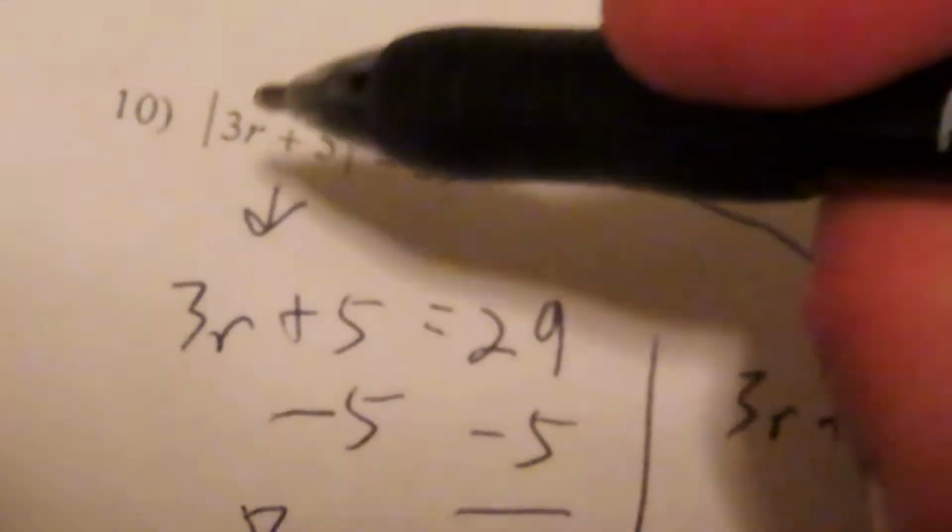So then we get r is equal to 24 divided by 3, which is 8. And then plug it back in. 8 times 3 is 24, 24 plus 5 is 29. It works. So that's definitely a solution there, which is positive 8.